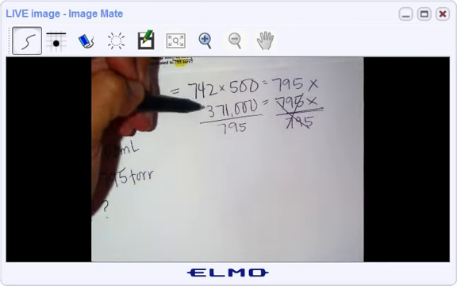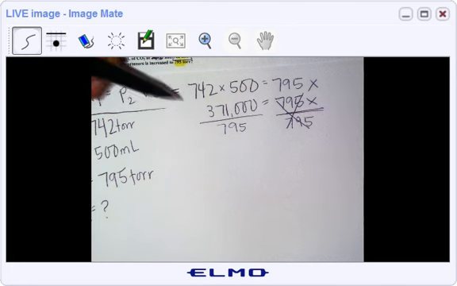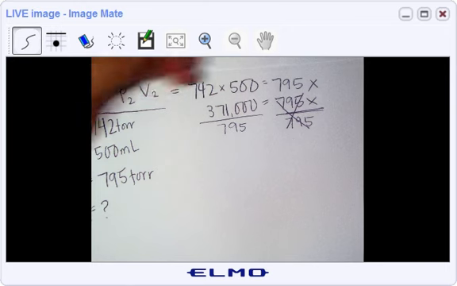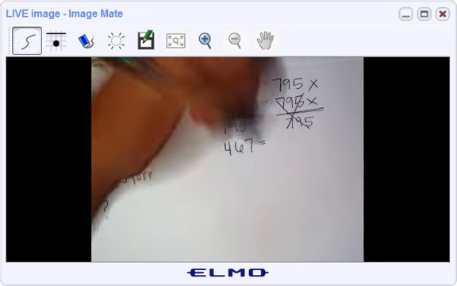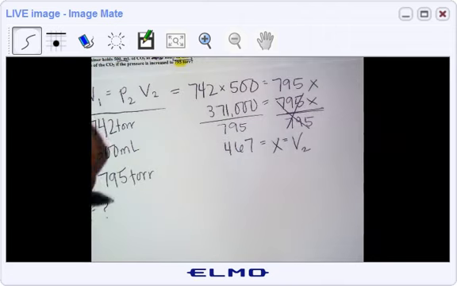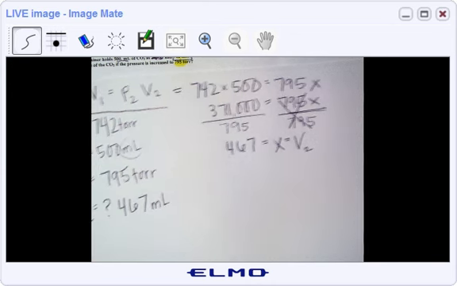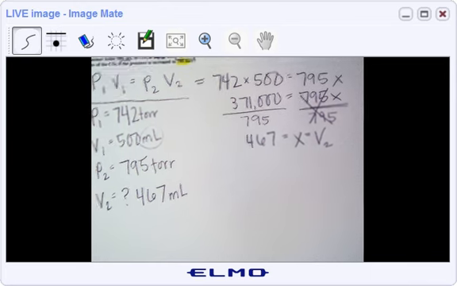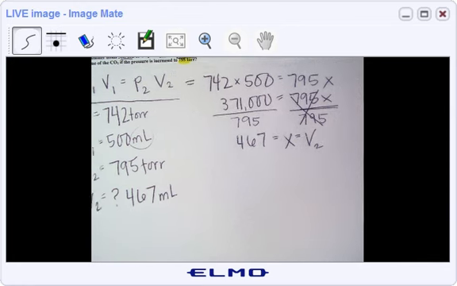So 371,000 divided by 795 gives me my value of X, which is really V2. The unit is mL. Anybody have any questions on this? You're going to find whatever you're given, then plug it in. Let's go ahead and do number 2 together.